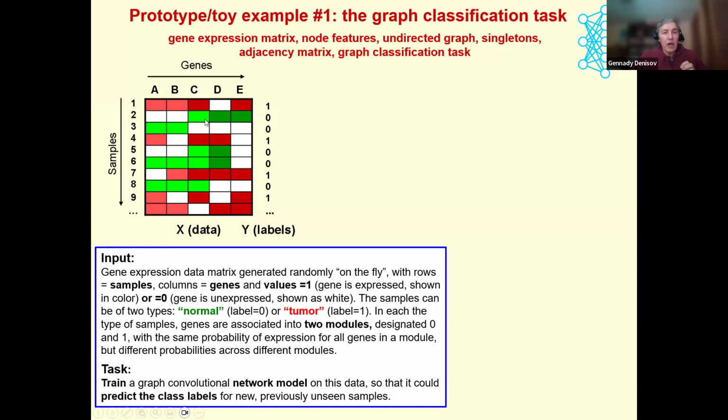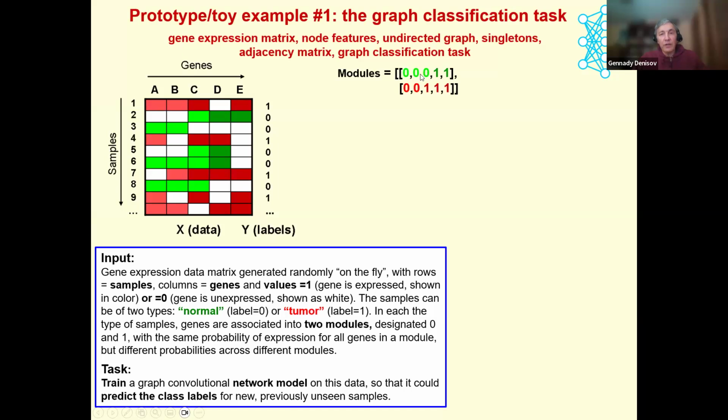Besides, within each type of sample, we assume presence of 2 modules of co-expressed genes, where the expression still may be only either 0 or 1, but with certain probability. And the probabilities of expression will be different across different modules, but the same for all the genes within a given module.